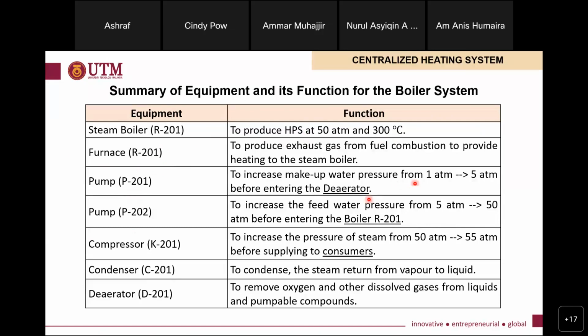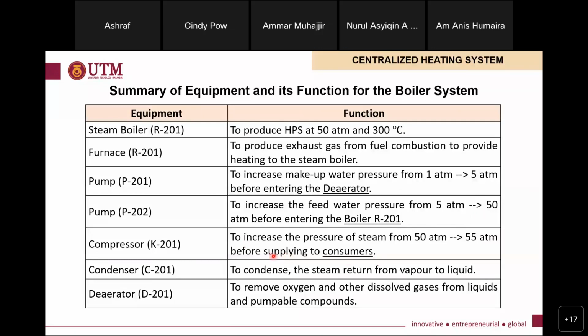The next one is compressor K201 to increase the pressure of steam from 50 atm to 55 atm before supplying to the consumer, which in this case is to give the steam to Team 16 and Team 19. The next one is condenser C201 to condense the returned steam from vapor to liquid.